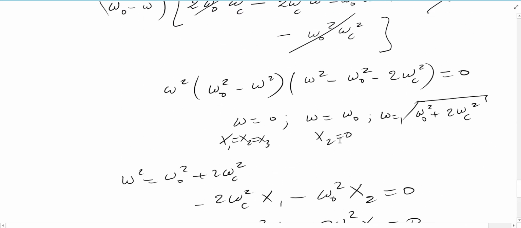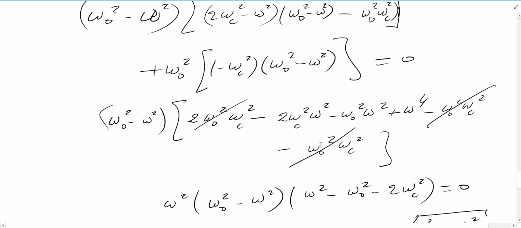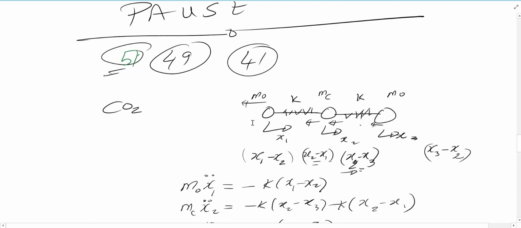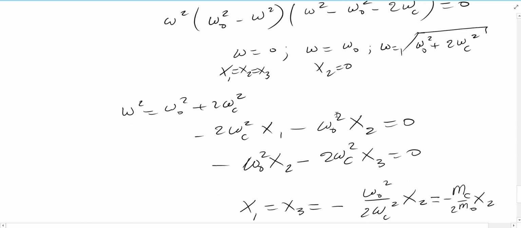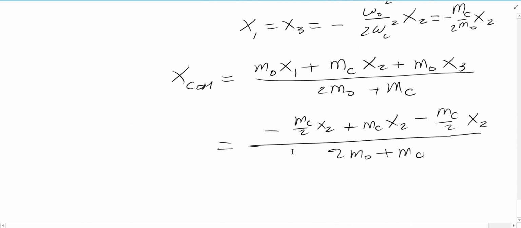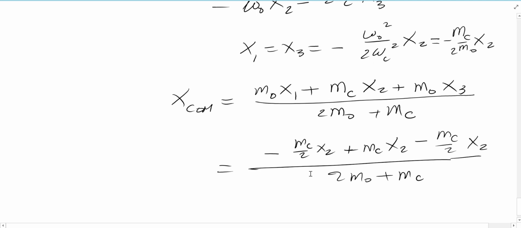So the center of mass in this case also doesn't move, and it's sitting actually on x2 in this case, because if the oxygen on the left moves slightly one way, the other one will move the other way, so that stays in its place. The center of mass does not move, but all three atoms move in this case.